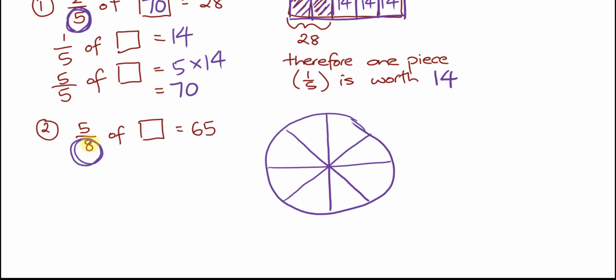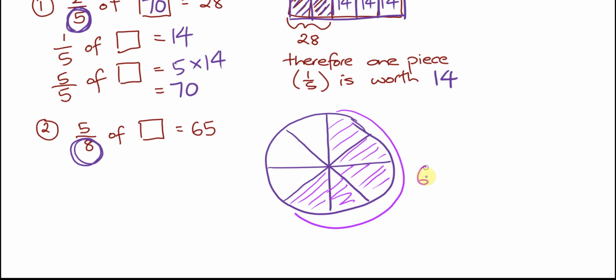It says 5/8 of the total amount is 65. So if I shade in 5/8, 1, 2, 3, 4, 5, 5/8. So this total amount here is 65.